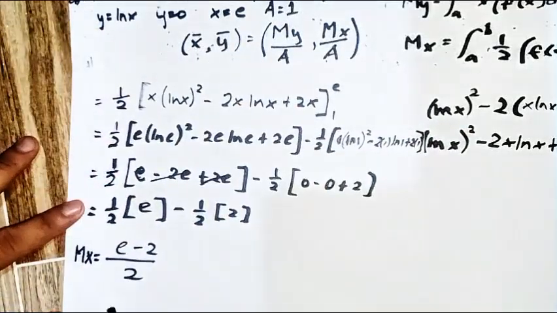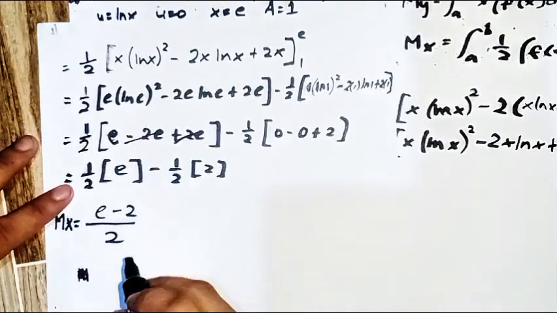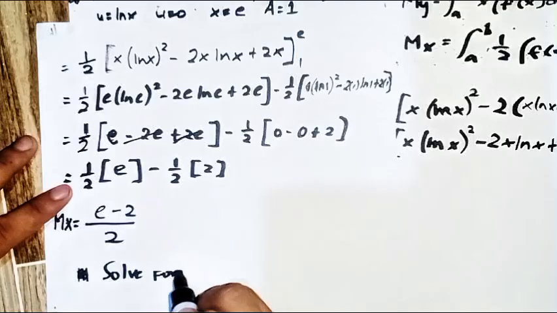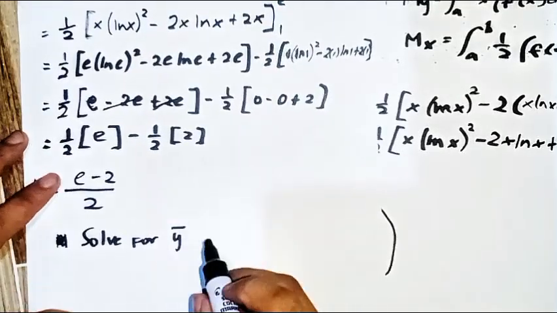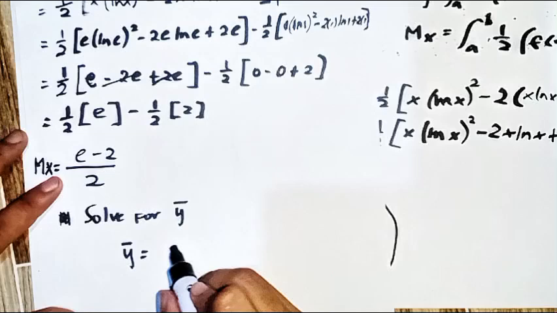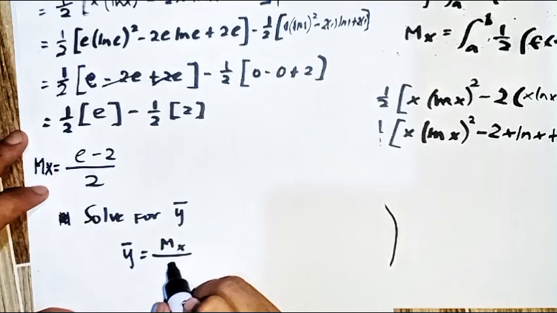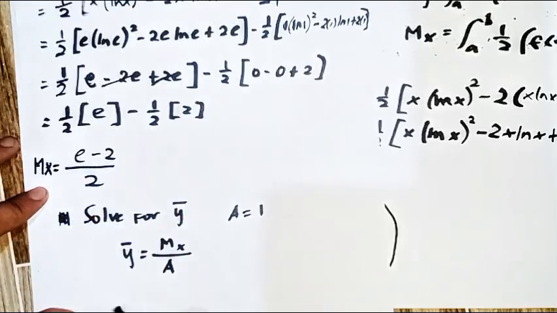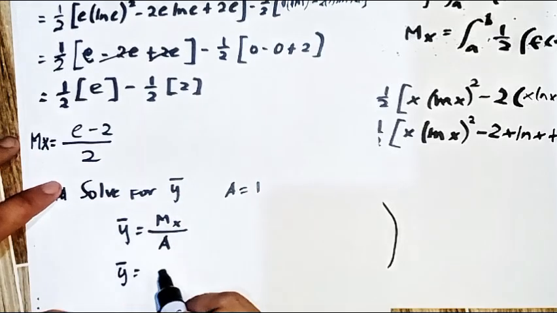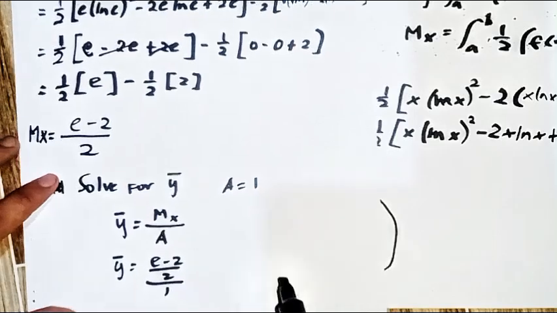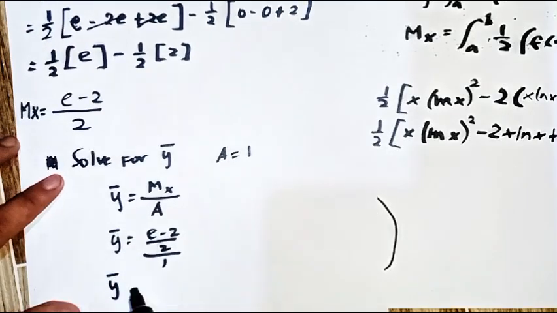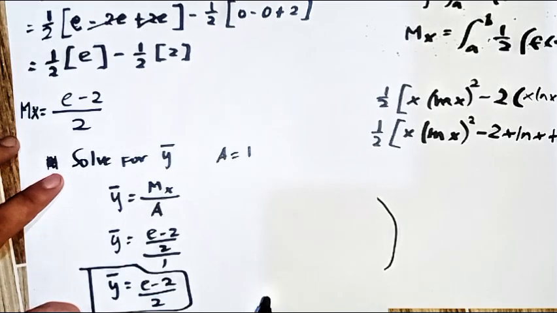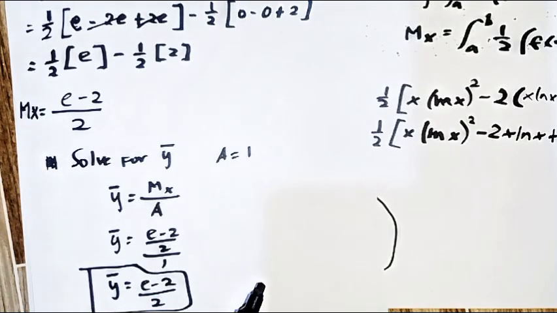The mean of y is equal to the moment of x over the area. Since our area is equal to 1 and our Mx is equal to (e minus 2) over 2, the mean of y is (e minus 2) over 2. We now have the y coordinate of the center of mass.